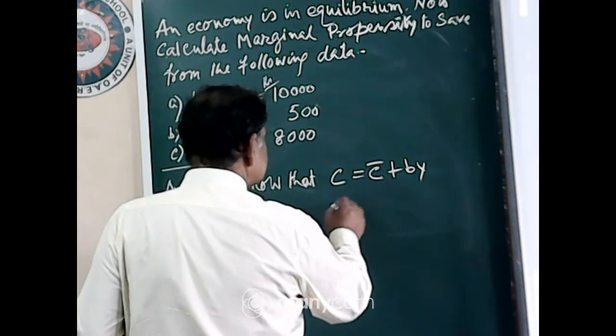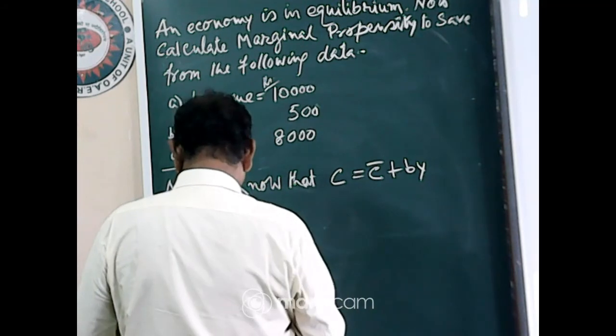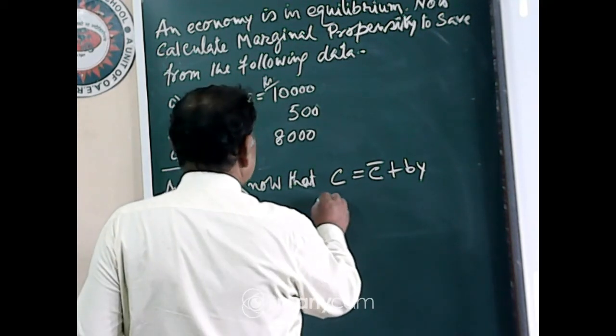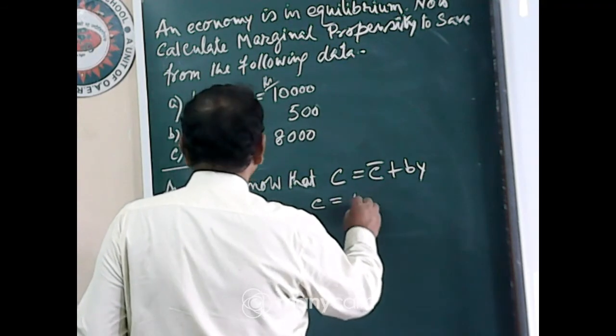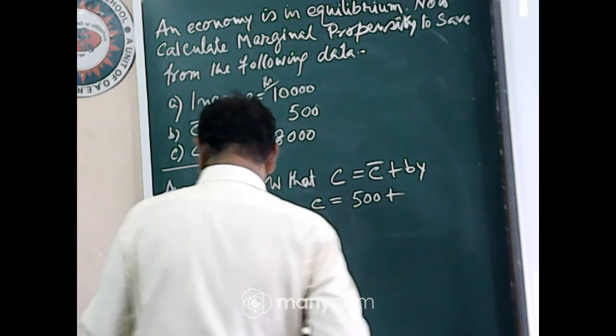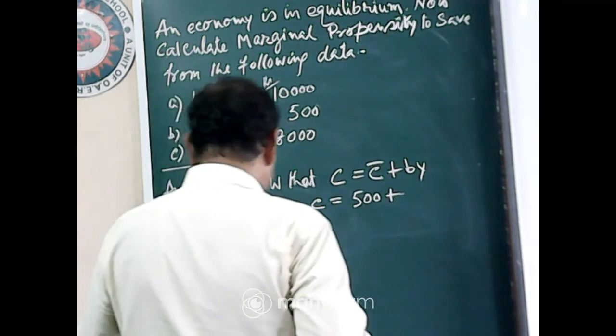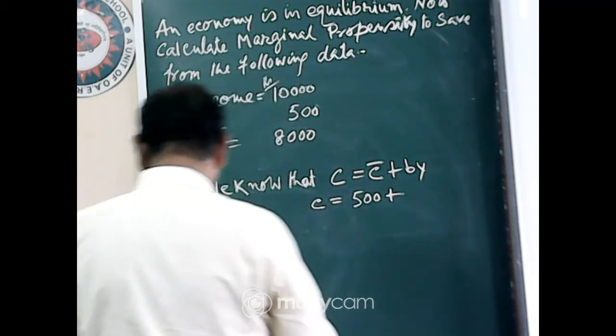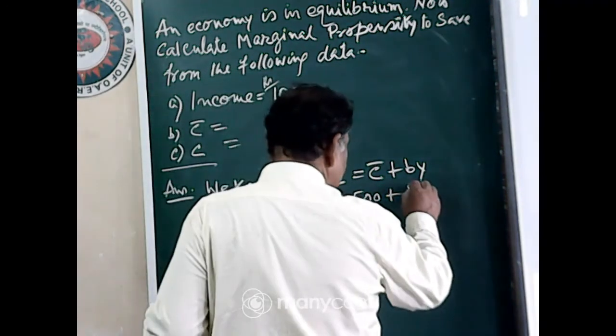Therefore, C bar is given and C is also given. C bar is 500. B, what is B? Can you say what is B? MPC, marginal propensity to consume.